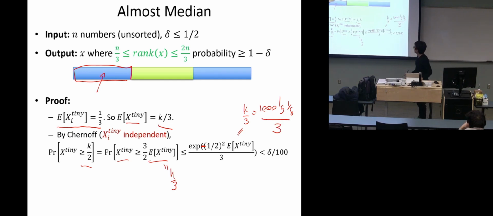So this is something like exponential of minus log of 1 over delta. That's going to be much less than delta. It should be even something like delta to the 10, which is less than delta over 100.